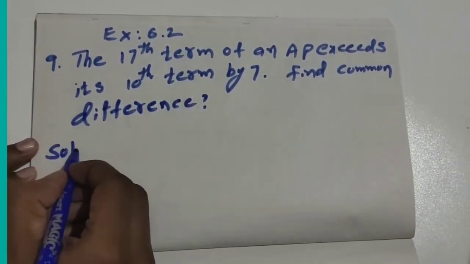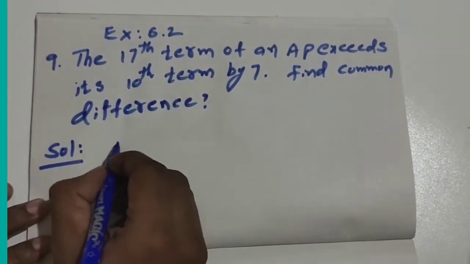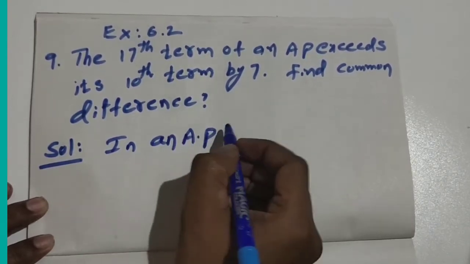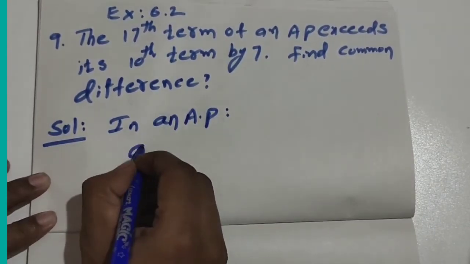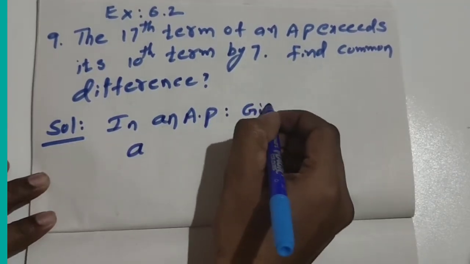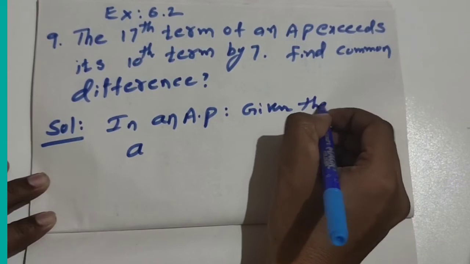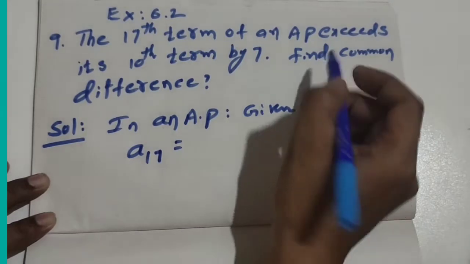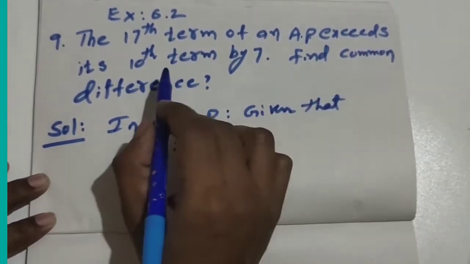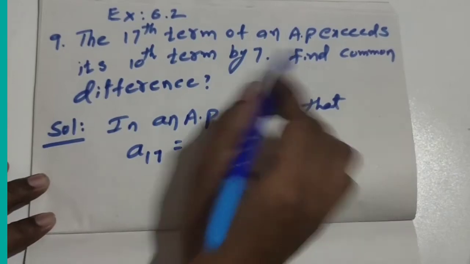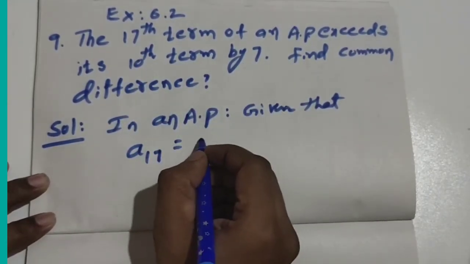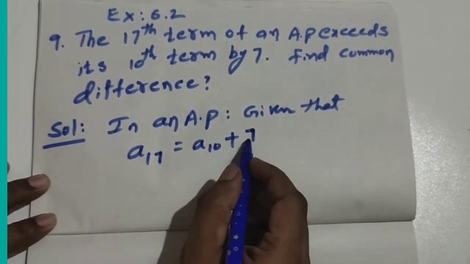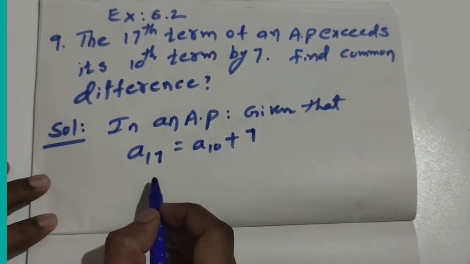So here, given that in an AP, the 17th term, that is A17, is equal to its 10th term plus 7. It exceeds its 10th term by 7, that is, it is more than that of the 10th one, so we should add 7 to the 10th term, then we get the 17th term.